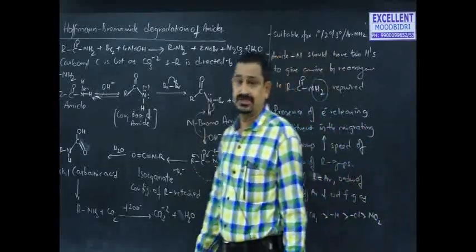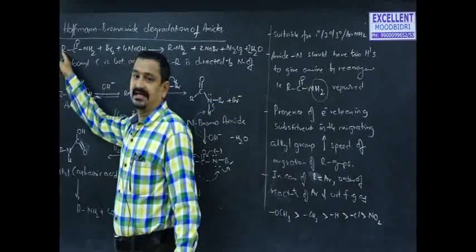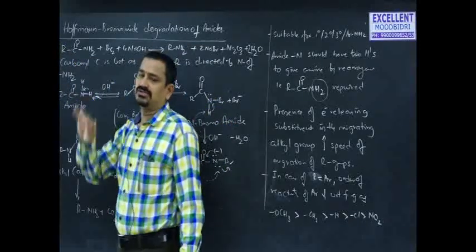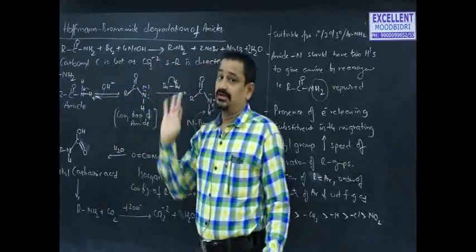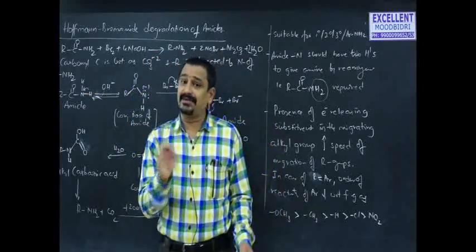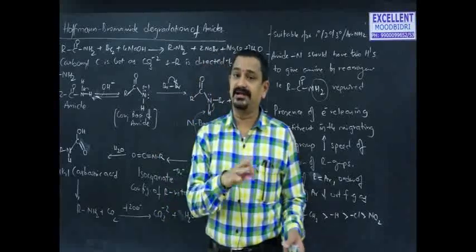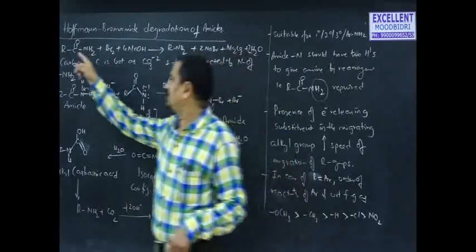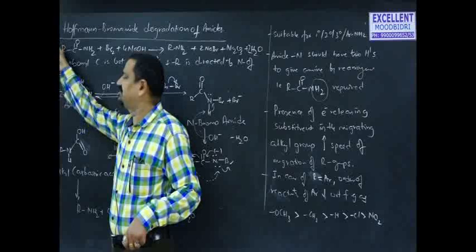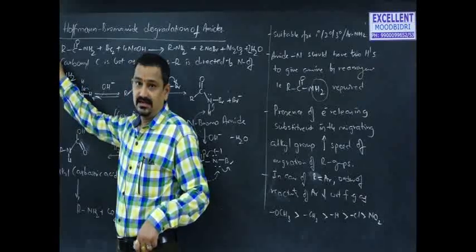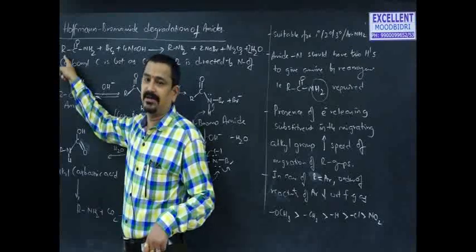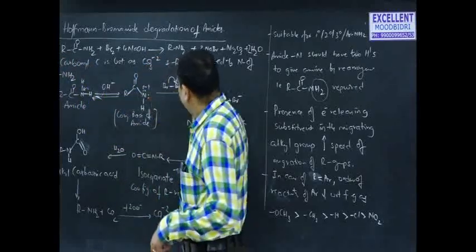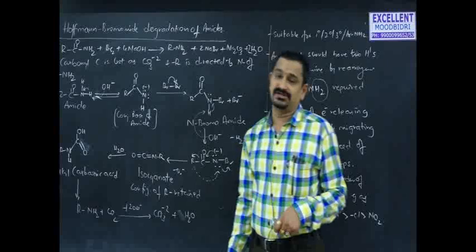Another question is possible. Suppose this alkyl group has a chiral center whose configuration is capital R. The product will be R and NH2. The product configuration is capital R, capital S, or cannot be predicted, like that they will ask. As we are not at all disturbing the arrangement of groups inside this alkyl group, the configuration will be retained even after the formation of the primary amine.